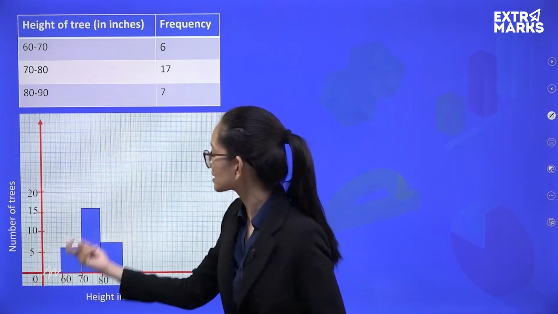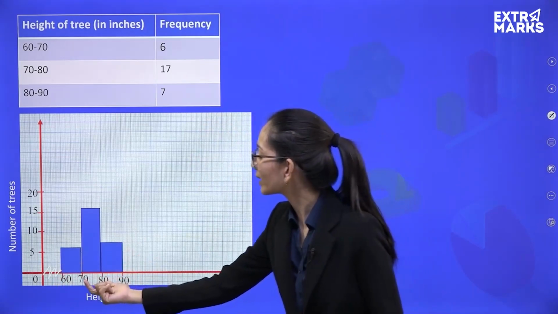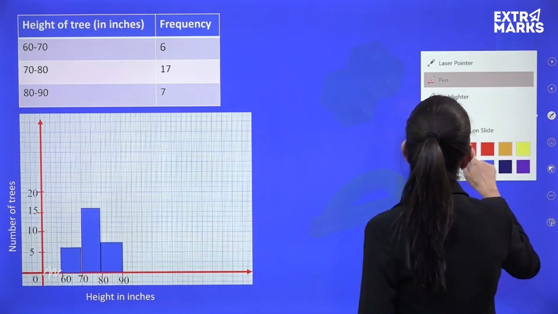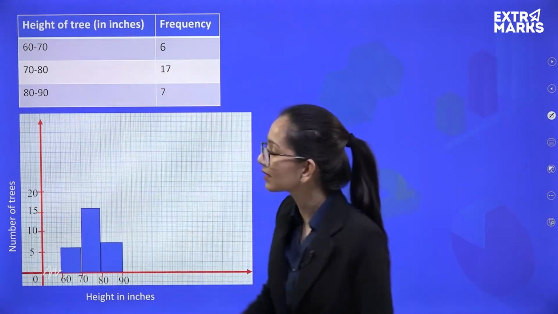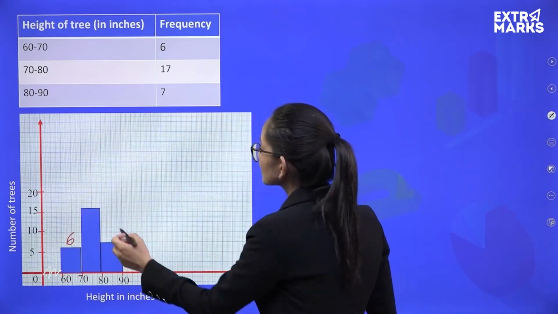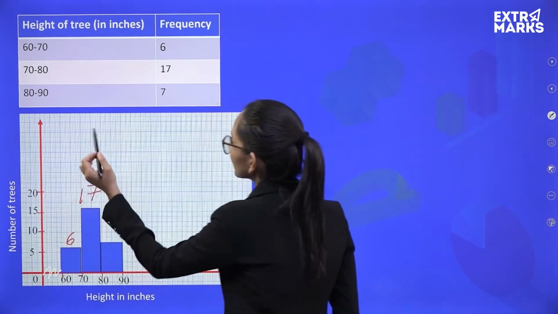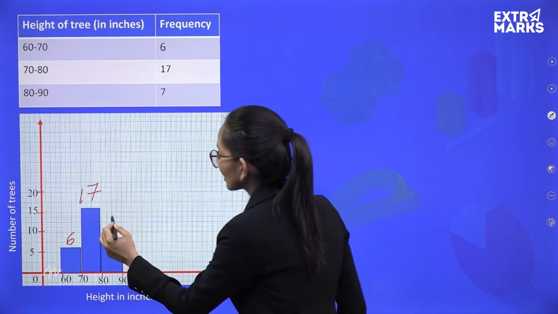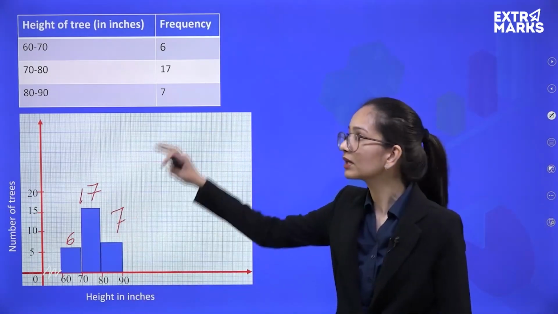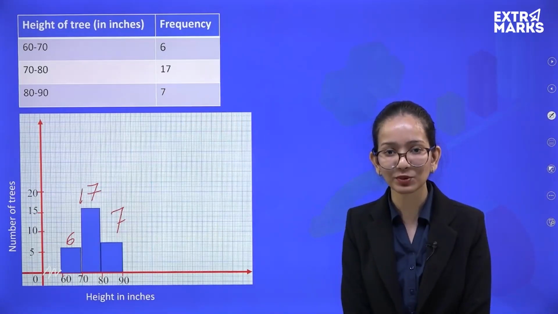After that, you have 60 to 70 inches, 70 to 80 inches and 80 to 90 inches. Now in 60 to 70 inches, how many trees are there? 6 trees. In 70 to 80 inches, 17 trees. In 80 to 90 inches, 7 trees. So this is how you can easily construct your histogram based on this grouped frequency distribution table.